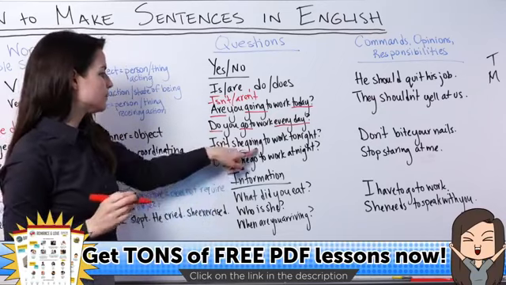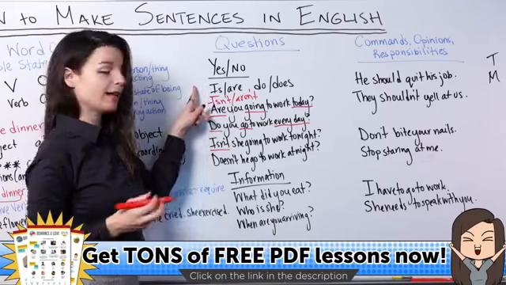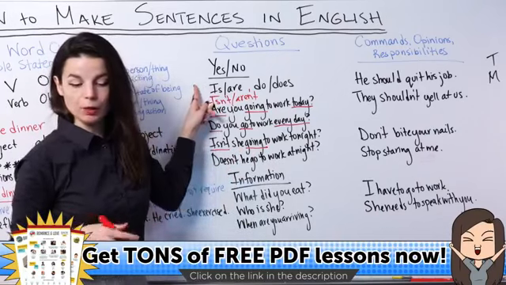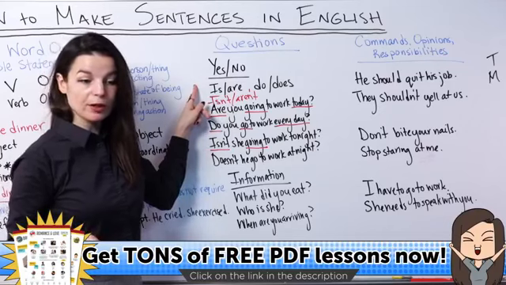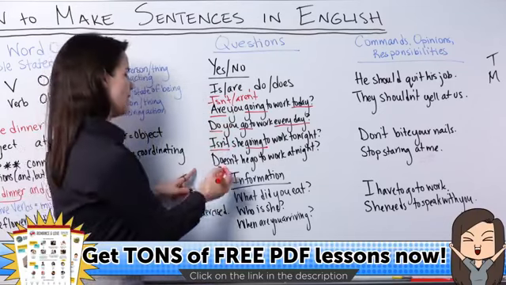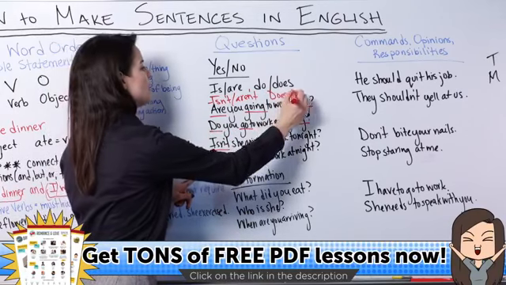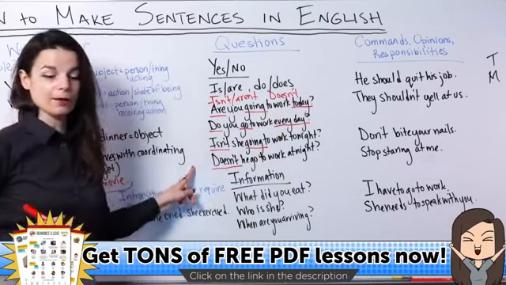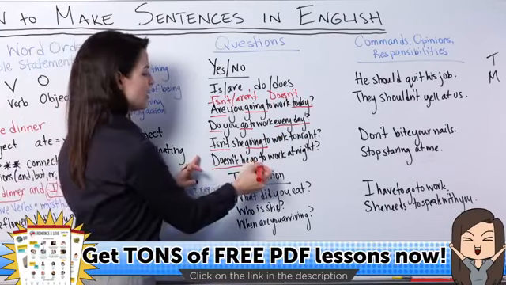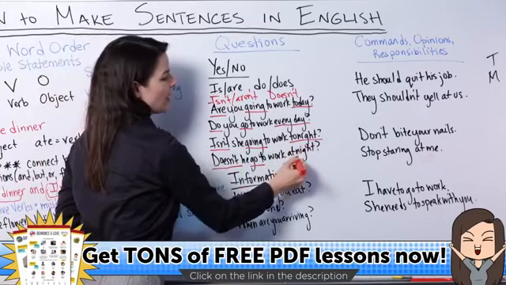Here again we have is or are, in this case negative, paired with my verb in the progressive form, going to. Isn't she going to work tonight? Let's compare this with doesn't. When we make the negative, we use doesn't here. Doesn't he go to work at night? Here again, the same hints.